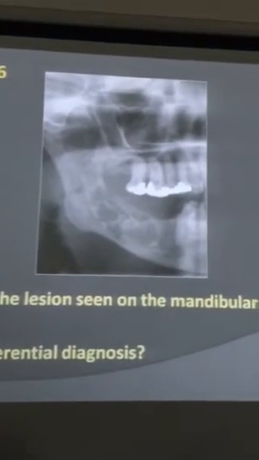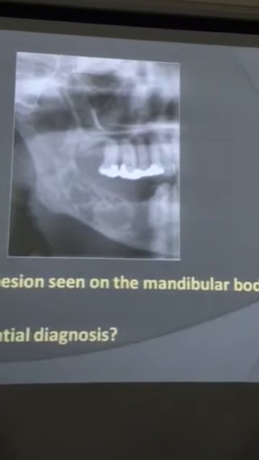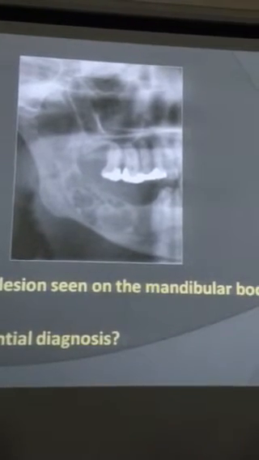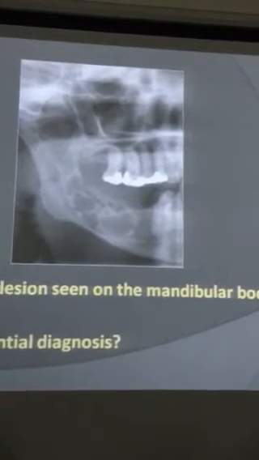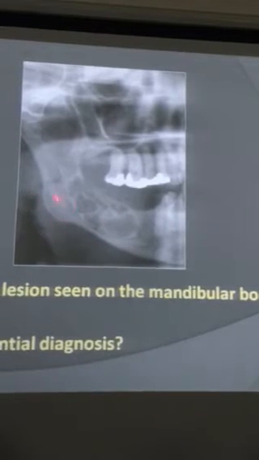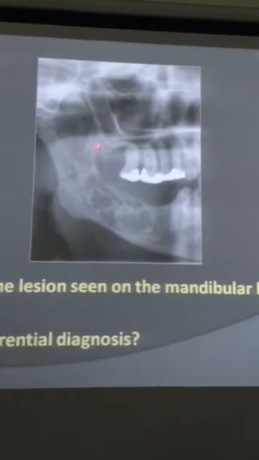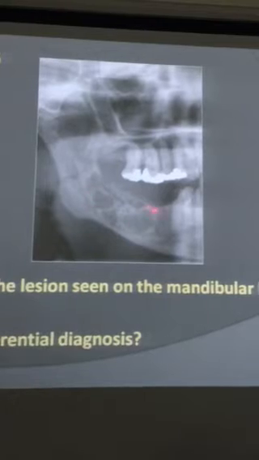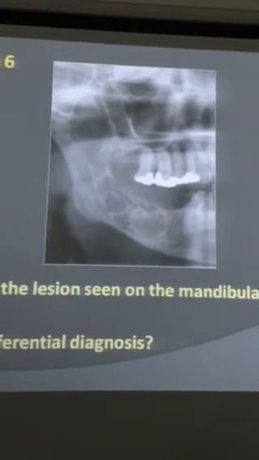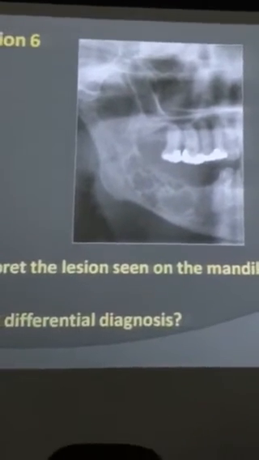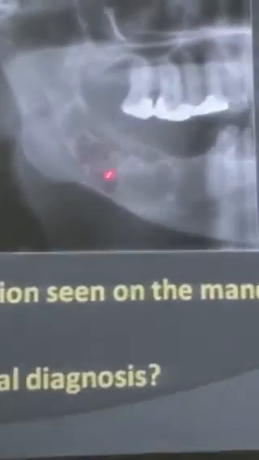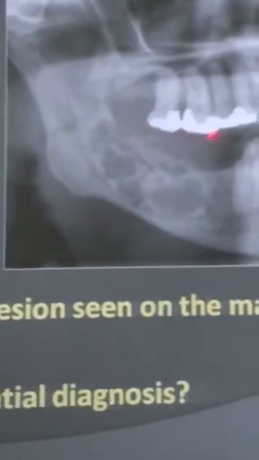Shape is irregular. Well defined. Multilocular radiolucency or soap bubble pattern with well defined margin and corticated appearance, right? Is it clear? Okay. Next is effect. No effect here because there are no teeth, no expansion also.